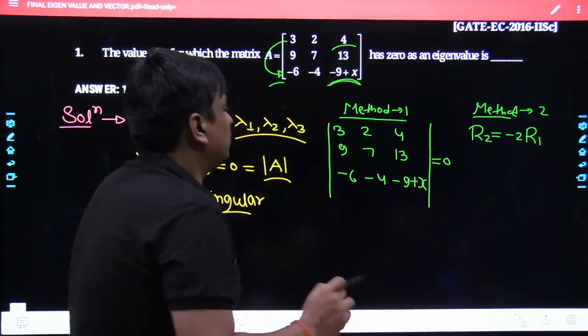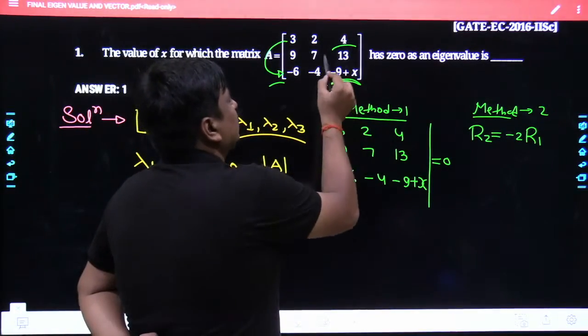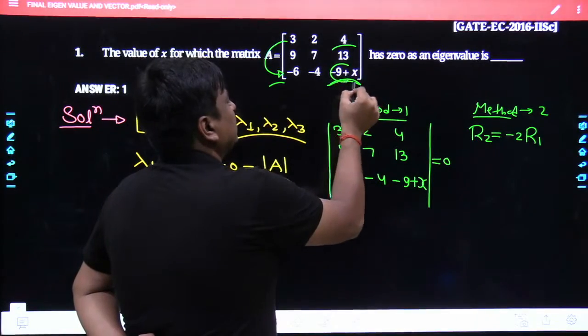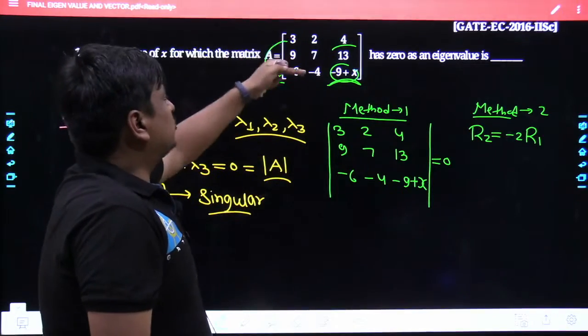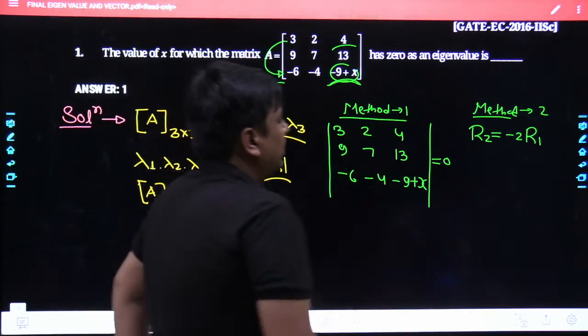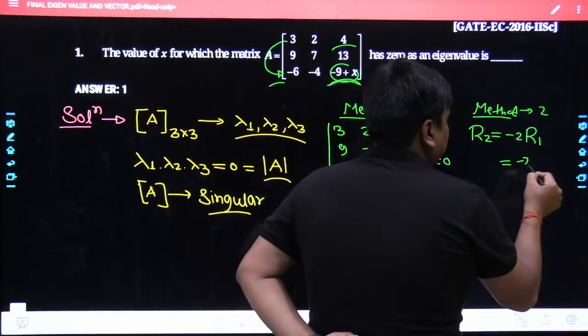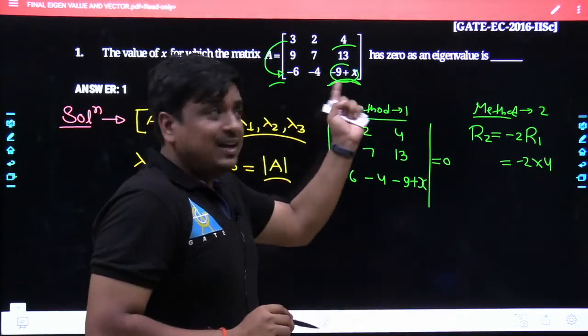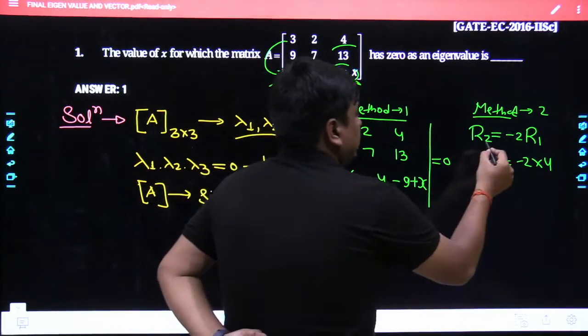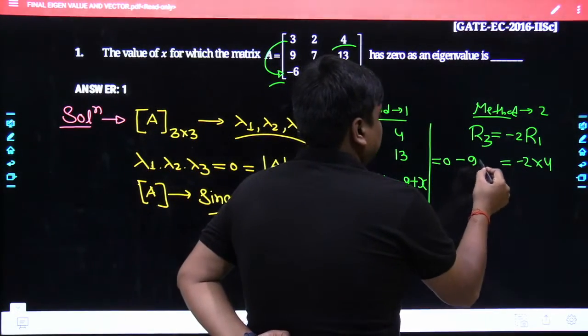So you will just focus on this. This is linearly dependent, with minus 2 multiplied. So you multiply minus 2 with 4 and compare with the element in R3, which is minus 9 plus x.